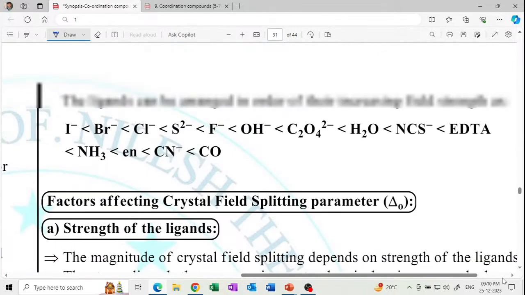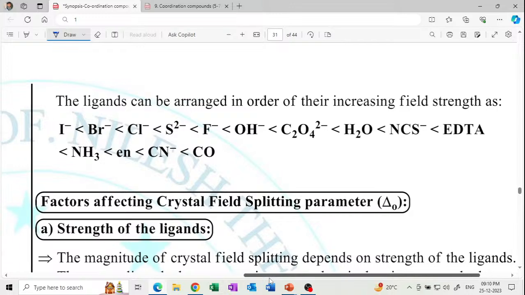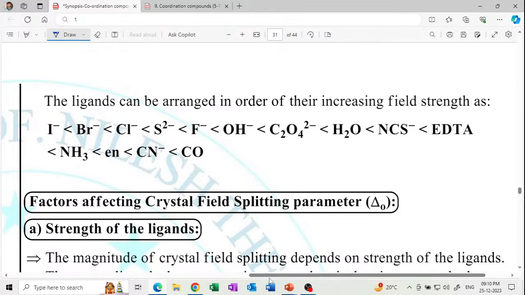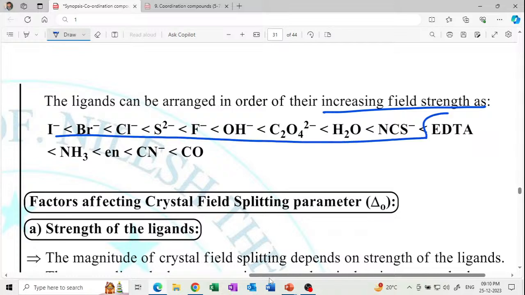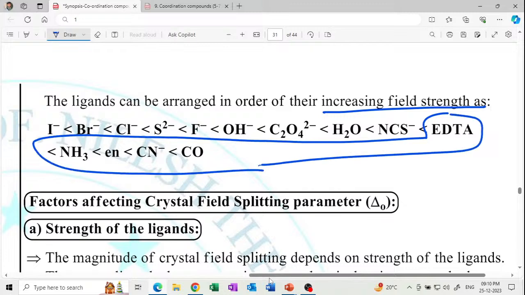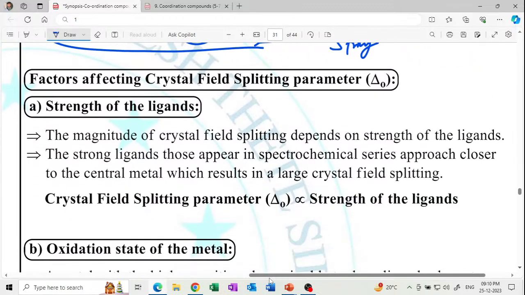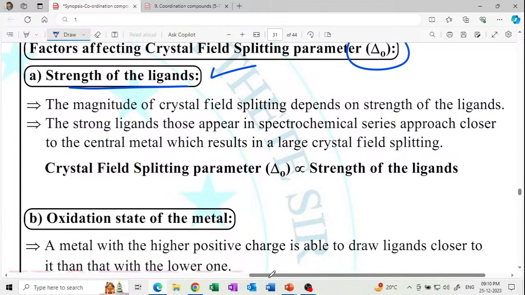Next is the ligand strength. What are the ligand strengths? This is the increasing field strength. Up to this point everything is a strong field ligand and the rest are weak field ligands. CO is the highest, the strongest field ligand. The factors affecting the crystal field splitting parameter: first, the strength of ligands.